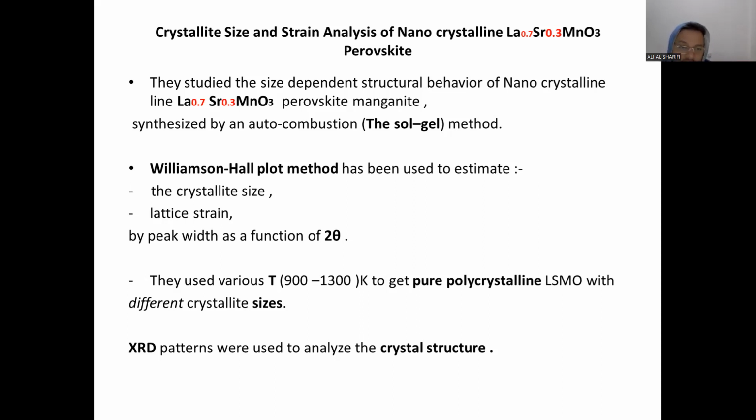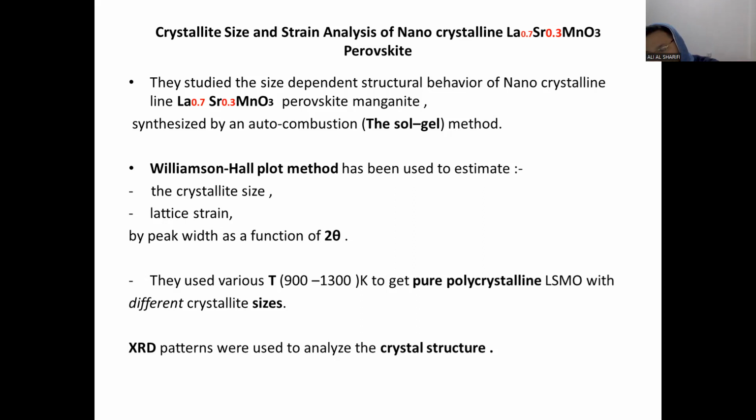Let's come back to our slides here. The scientists used X-ray diffraction patterns to analyze the crystal structure. Here we have the methods: sol gel, and the Williamson-Hall plot method, like I said, to estimate the crystalline size and lattice strain at different temperatures, like the sintering temperature.